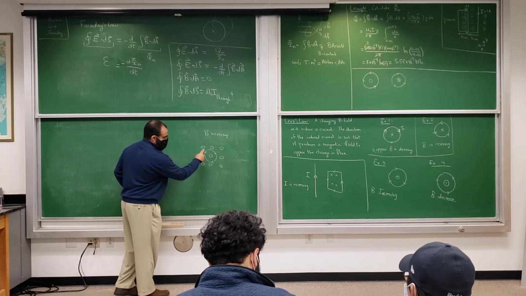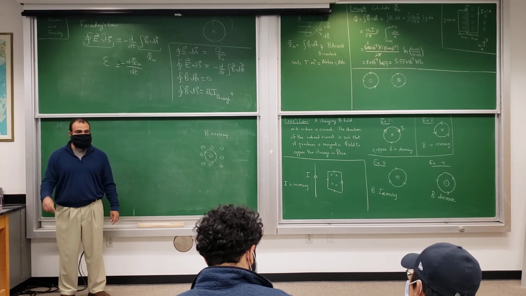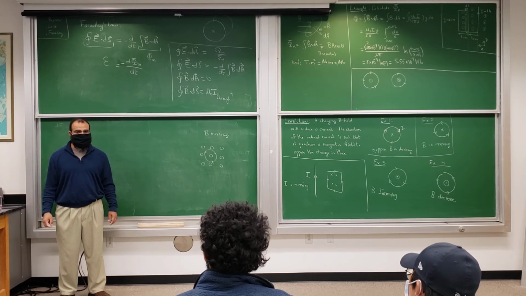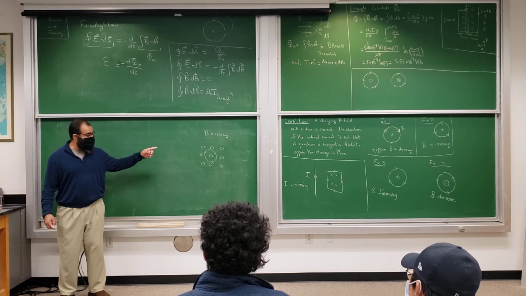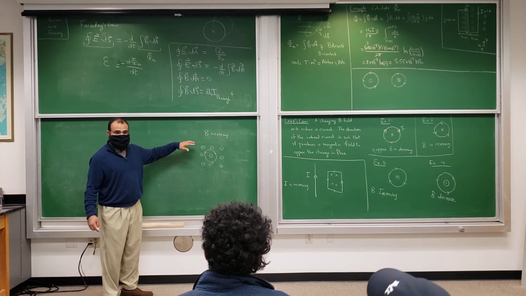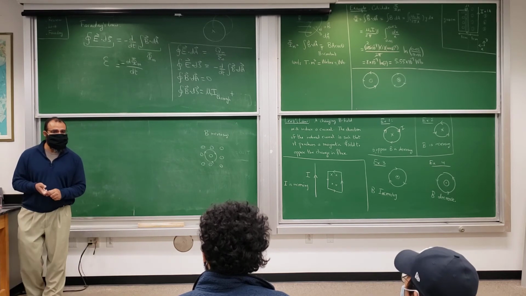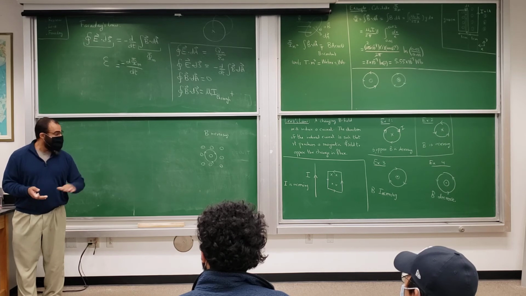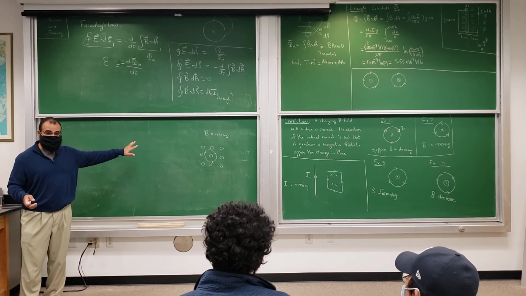Now, what pushes charges to make them go clockwise in this direction? Who's pushing them? Yes, it's not the magnetic force, it's the electric field. So in fact, the electric field will be going in circles. We'll see how to calculate it. There are no charges here that produce this electric field.